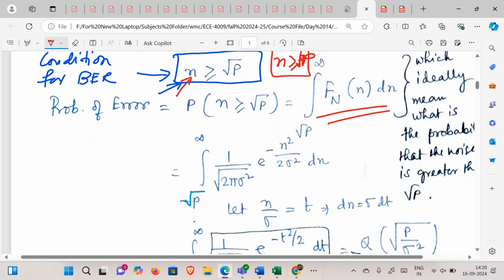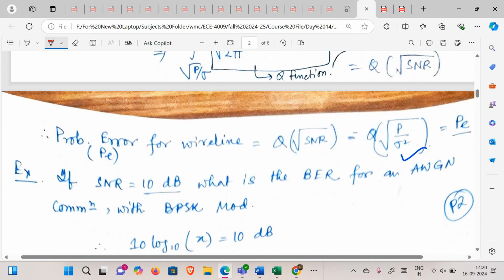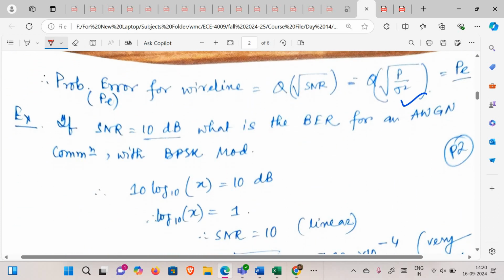After you substitute everything, just like I did over here, the final expression that we get is what is crucial. Please make a note of this equation. The probability of error, or PE, is given by Q function of square root of SNR.